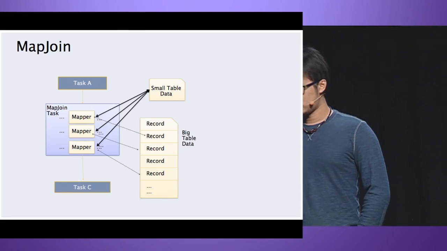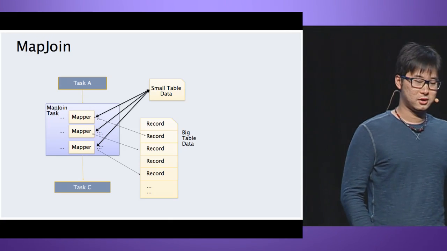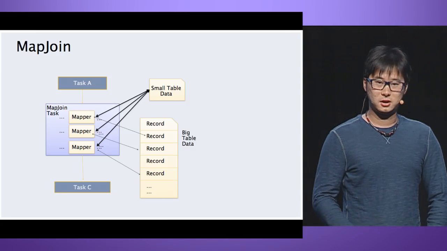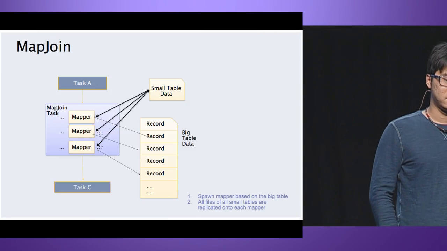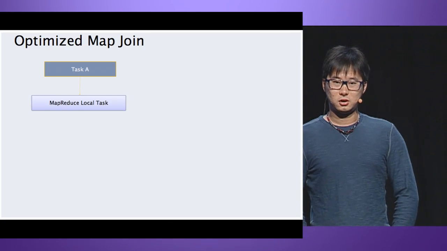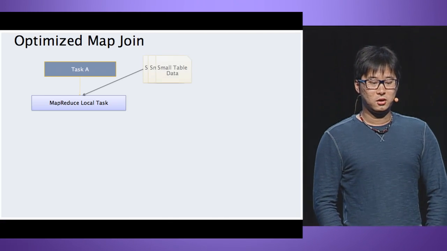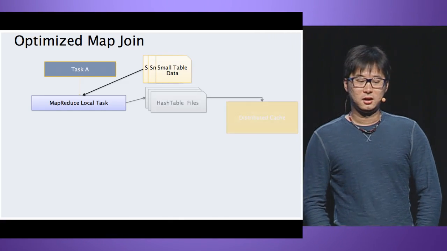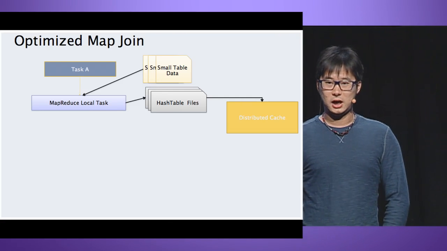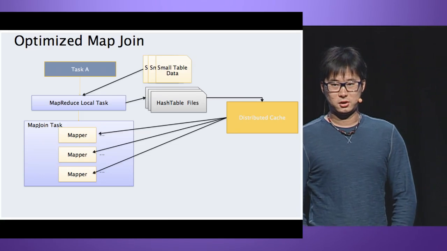With this optimization, the small table's data will be hot and will be the performance bottleneck, because thousands of mappers will try to read the small piece of data at the same time. So one optimization is that we launch a MapReduce local task, which runs locally on just one machine in the cluster and loads this small table's data. It outputs the join key and join value and puts them into the Hadoop distributed cache, which populates the files to each mapper's local disk.